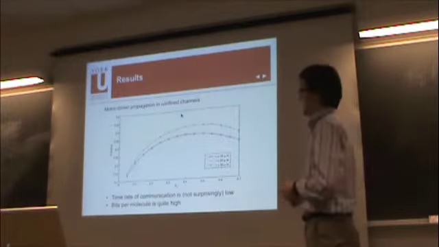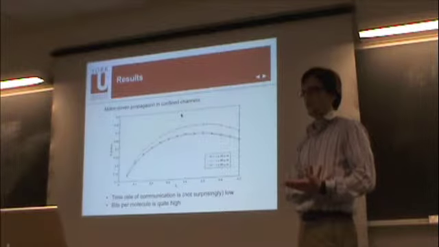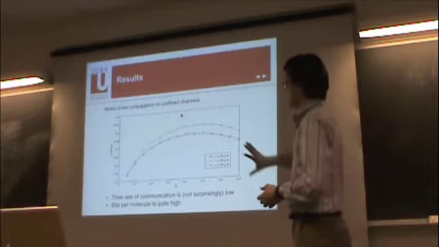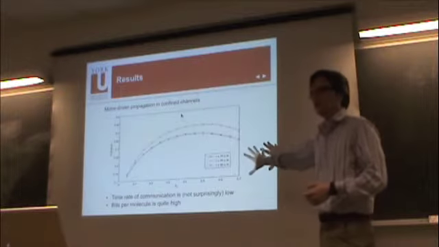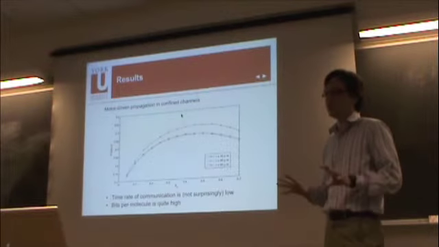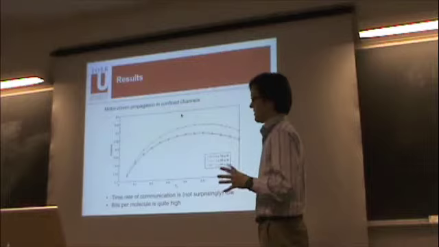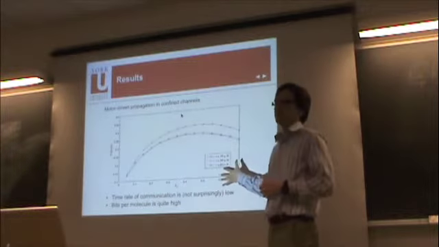This also touches on the question earlier about distinguishable molecules. All these results are for indistinguishable molecules. If you had two species of molecule, you could use them in independent channels and basically achieve twice this.